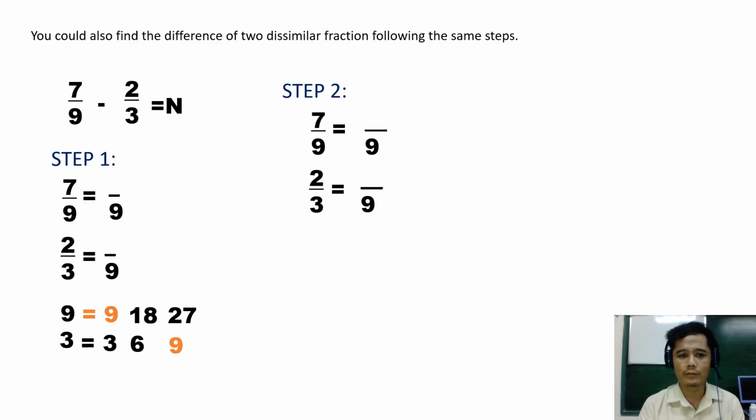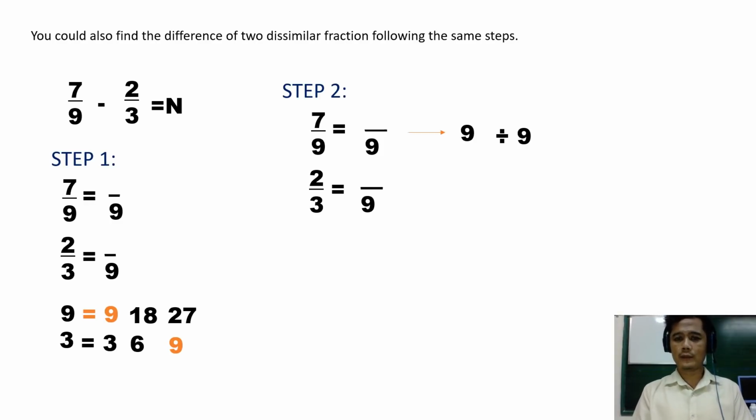Next step, divide the LCD by the denominator and multiply the quotient by the numerator. So, gawin natin yung 7/9. Hanapin natin yung nawawala niyang numerator. So, pakita lang natin, 9 divided by 9 is equal to 1 and times 7 equals 7. So, 7 po yung nawawala niyang numerator.